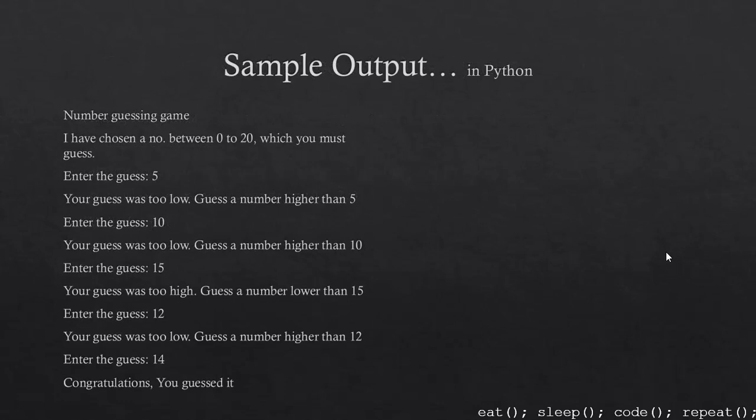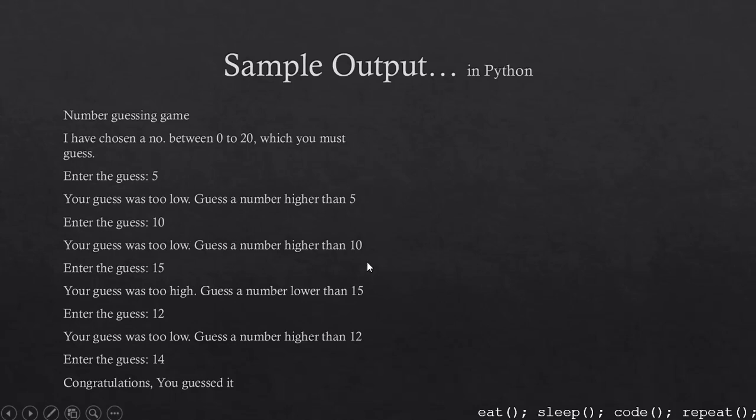And this is the sample output. You're also going to have some inner loops, some outer loops, and some if statements which are going to check, the same as what we have seen for C. Number guessing game: I have chosen a number between 0 and 20. You must guess that. Enter the number: 5, too low, guess a number higher than that, and the number 10.